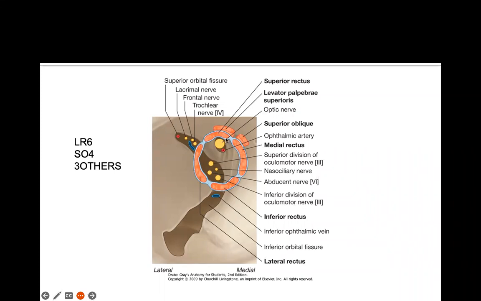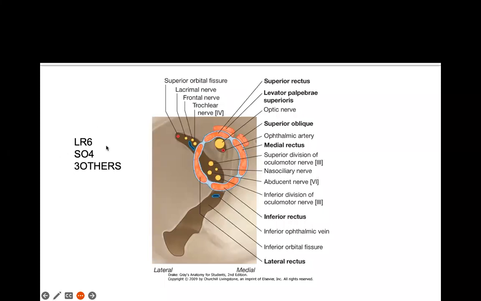These muscles, which we describe as the extraocular muscles, are named accordingly. So that's superior rectus. Remember the levator palpebrae superioris we mentioned earlier on, okay? That is not part of the extraocular muscles per se. So this is superior oblique, that is medial rectus, inferior rectus, and then lateral rectus.